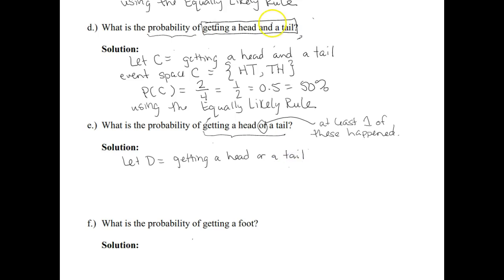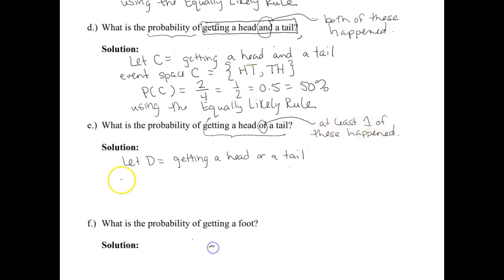And up here we should have emphasized that and means both of these happened. So every event we listed here had a head and a tail. Now we just need at least one of those to have happened.